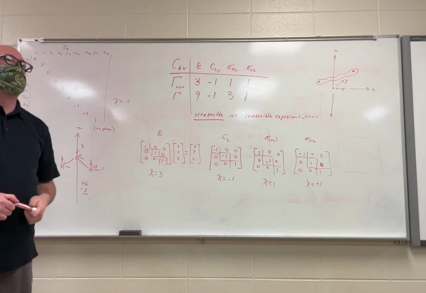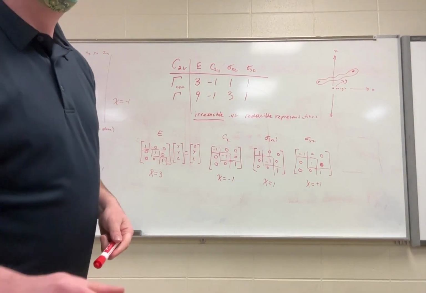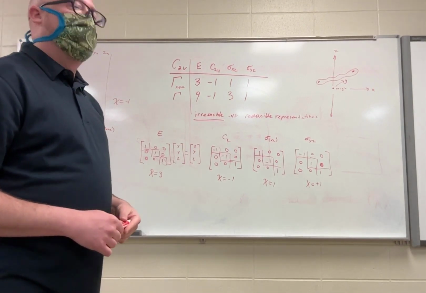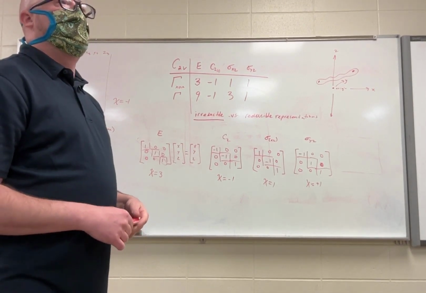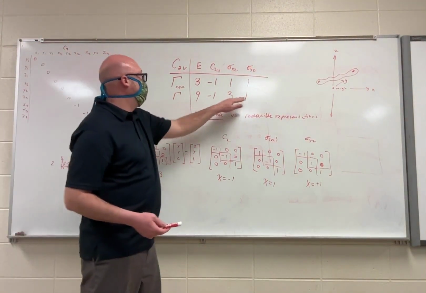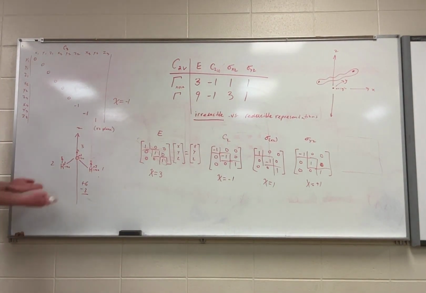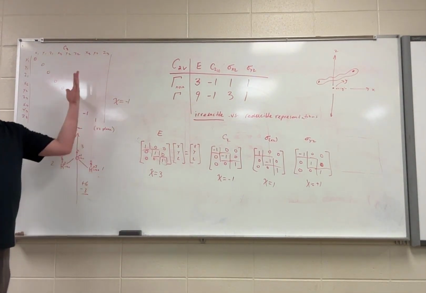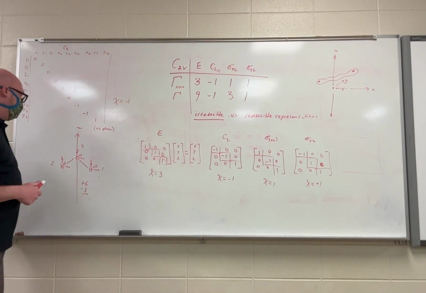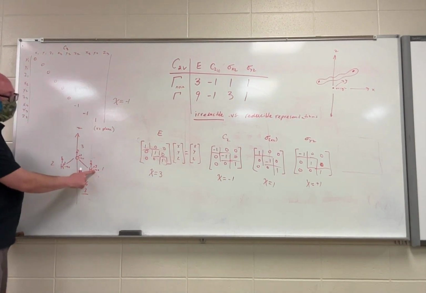Yep. So, why is there 9? Like, do you do 2 or do you do 4? Yes, that's a great question. Why is this representation 9-dimensional? The only reason it's 9-dimensional is because I had a basis, and I just plucked this out of thin air, which has 9 pieces to it, right?